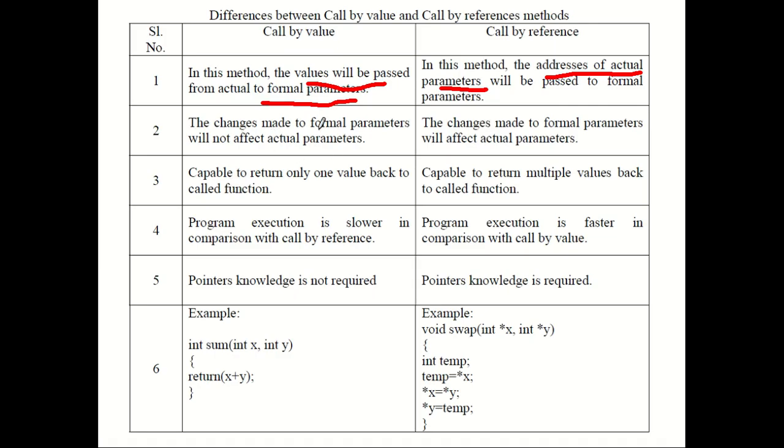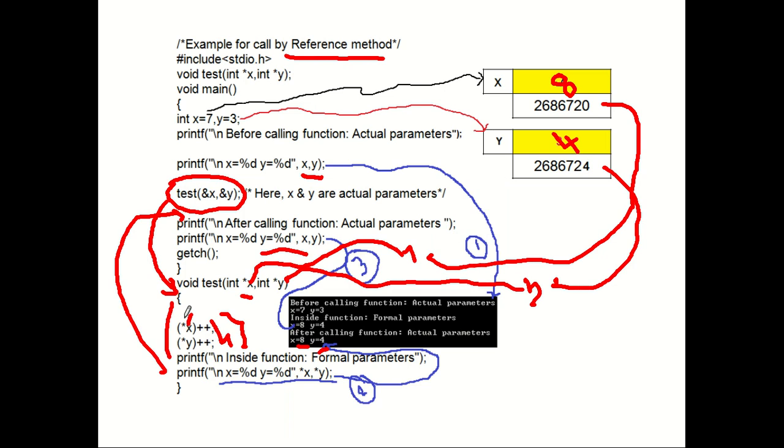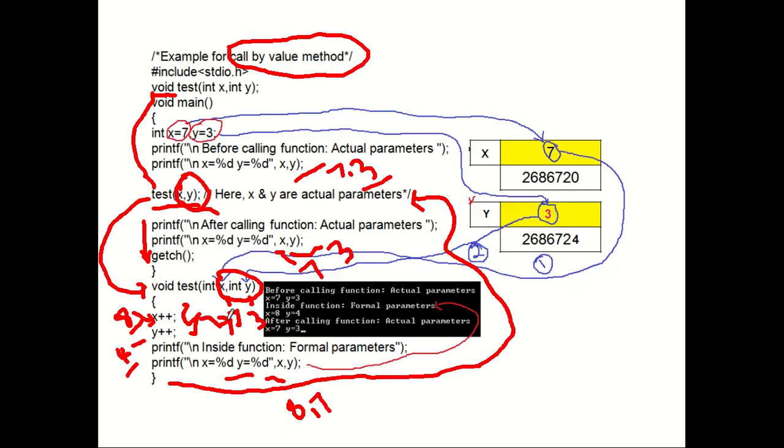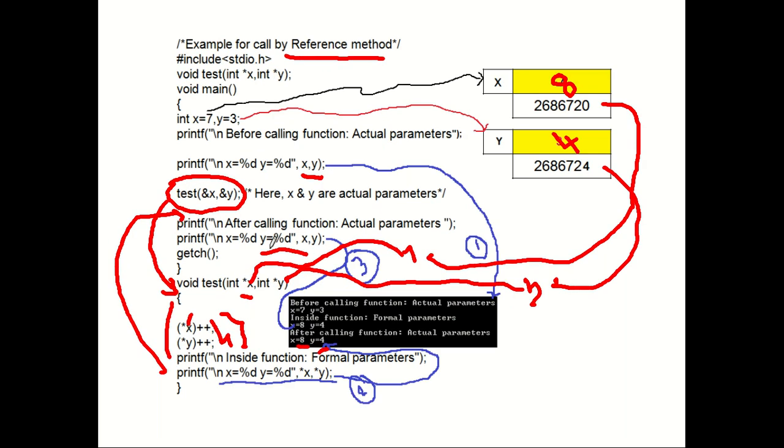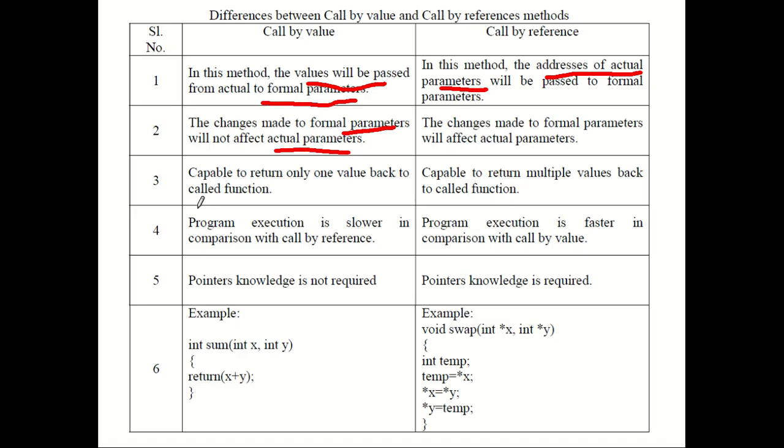In call by value, the changes made to the formal parameters will not affect the actual parameters. But in call by reference, all those changes are reflected in the actual parameters.